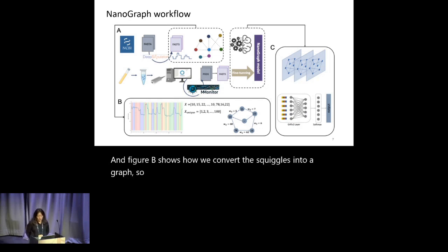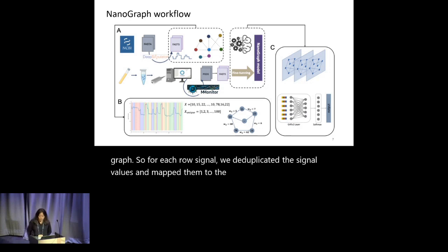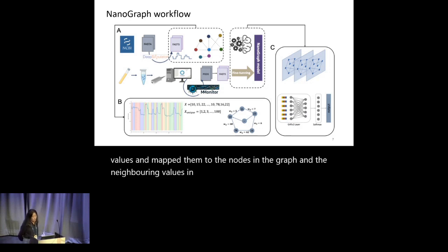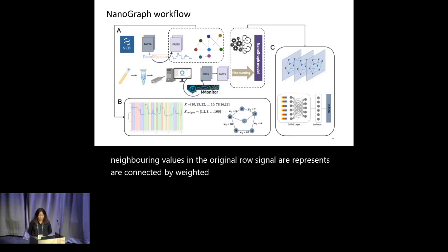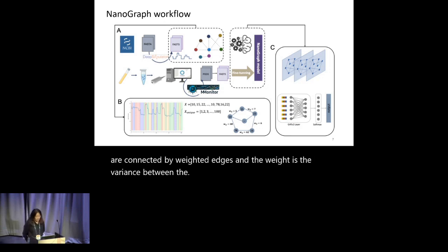For each raw signal, we deduplicated the signal values and mapped them to the nodes in the graph. The neighboring values in the original raw signal are connected by weighted edges, and the weight is the variance between the neighboring values.